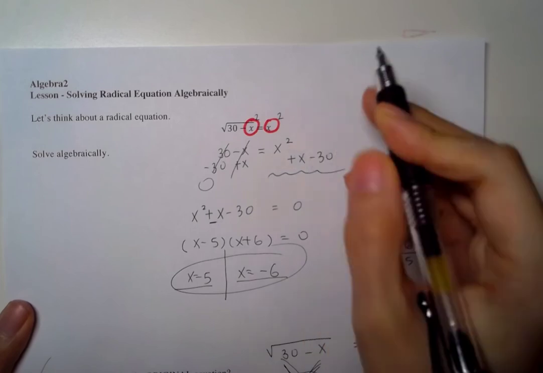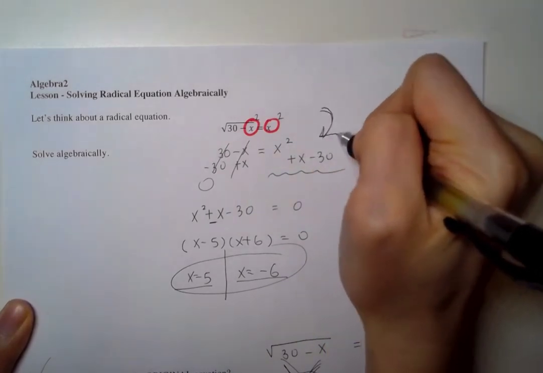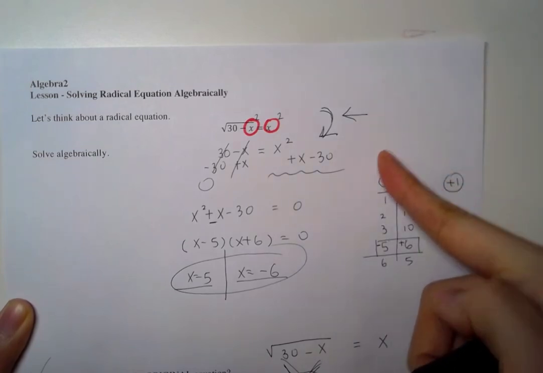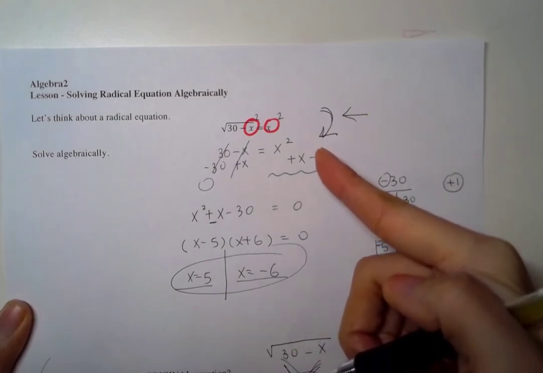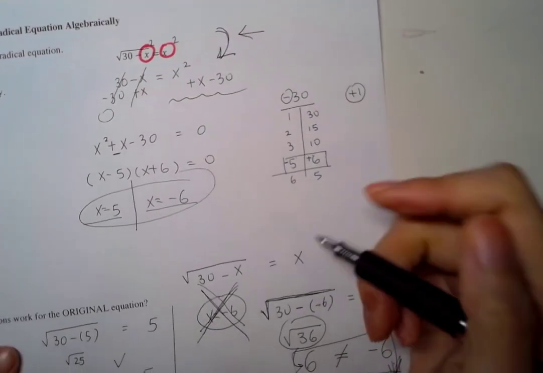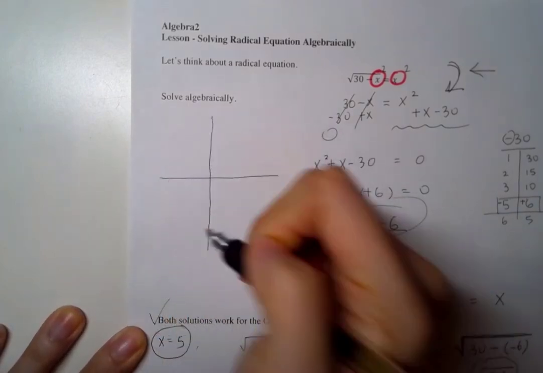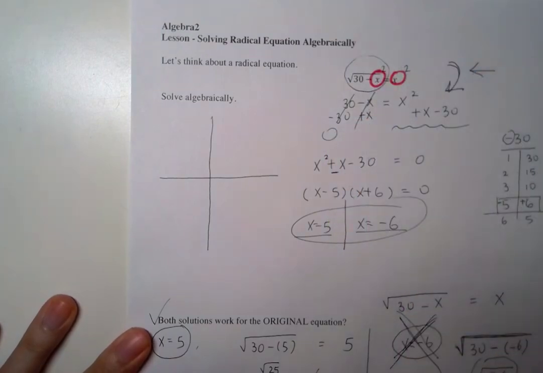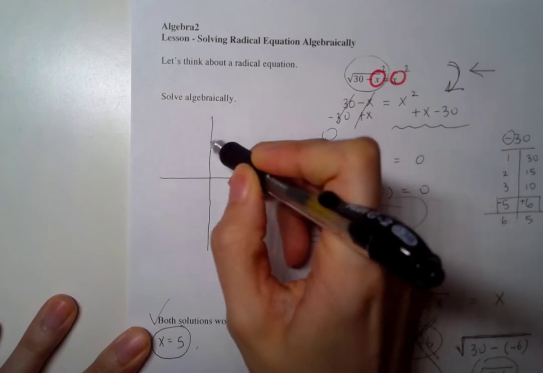When you square the equation, at this step you get extraneous solutions, because we convert it to a quadratic. But actually this is not quadratic, that's radical. That's why. And also, if I show you graphically, if we graph this, the square root of 30 minus x looks like this.